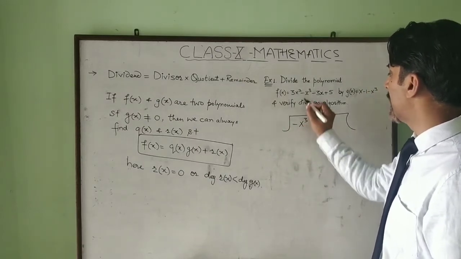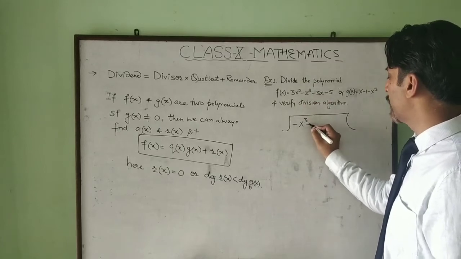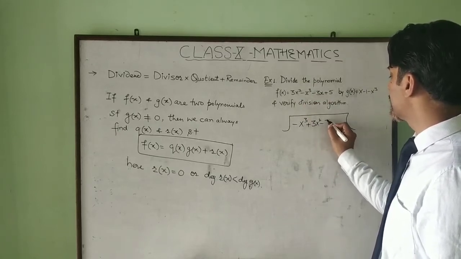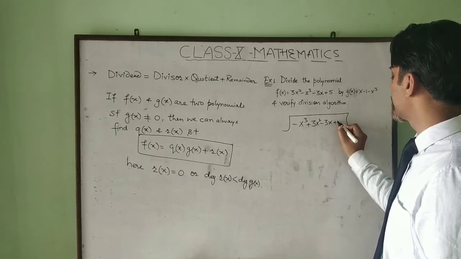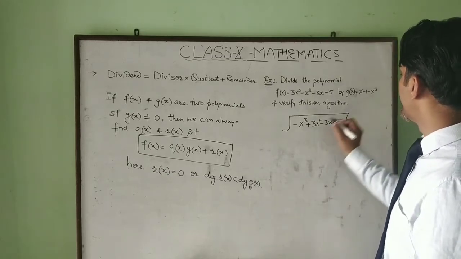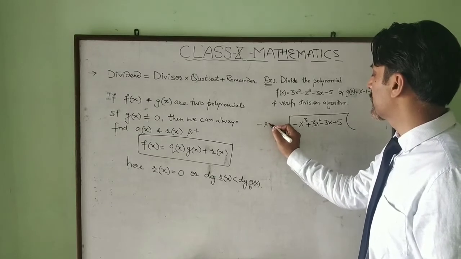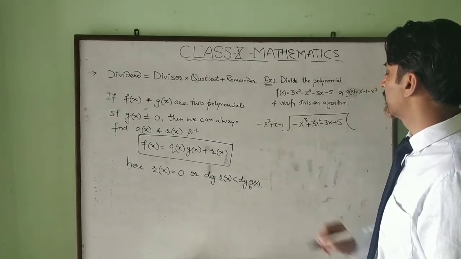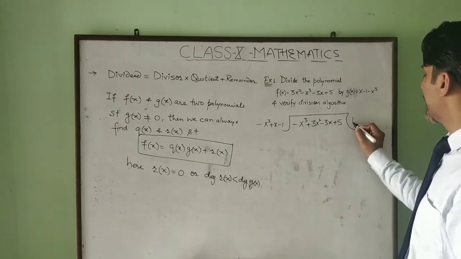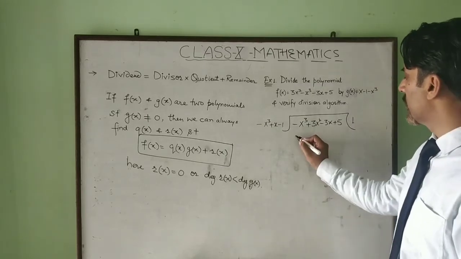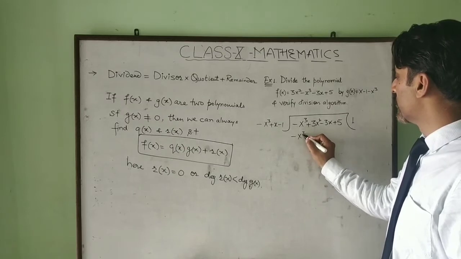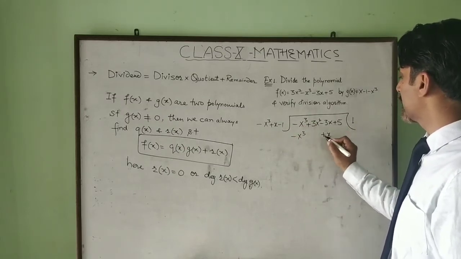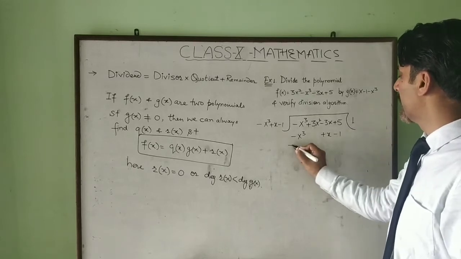Minus x cube, I have written it in a proper format first of all, plus 3x square minus 3x plus 5. And my divisor is minus x cube plus x minus 1. So first of all, I'll divide it by 1. So I'll have minus x cube, then plus x and minus 1.